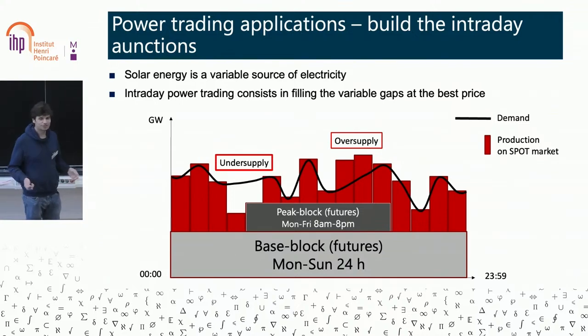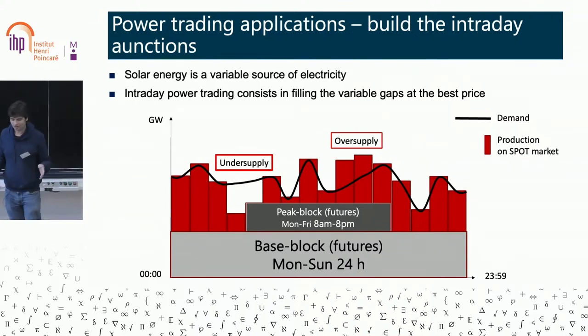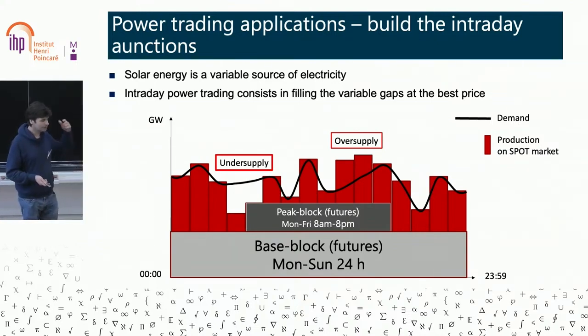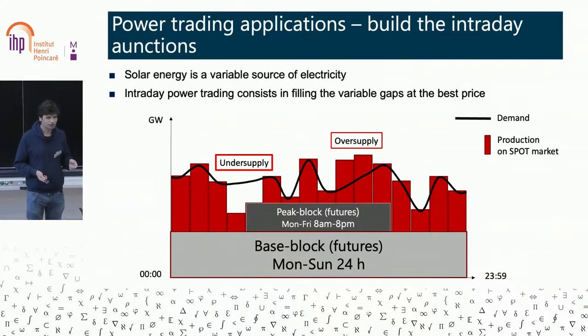Power trading is a meeting between sellers of electricity and buyers of electricity. There is a base block called future, which is programmed many months in advance. Then there is a peak block, which is programmed usually at the beginning of the week.